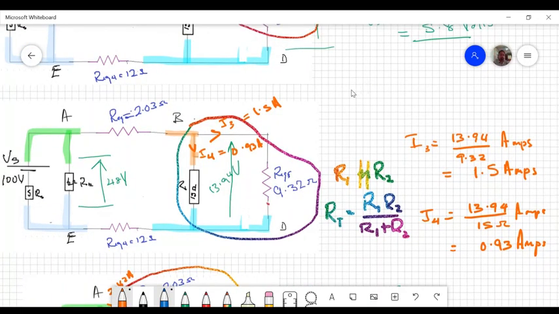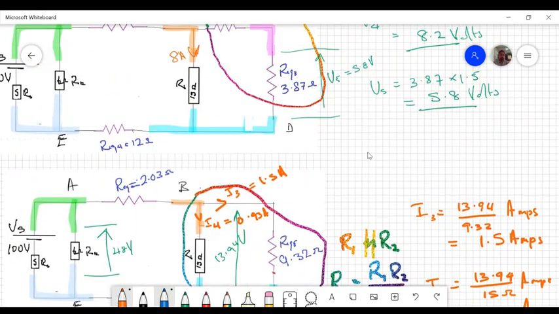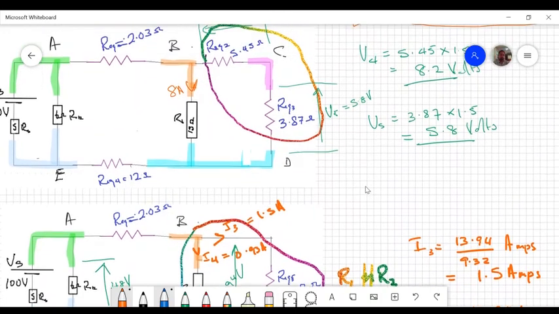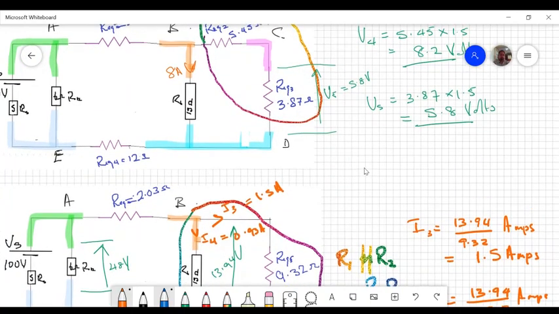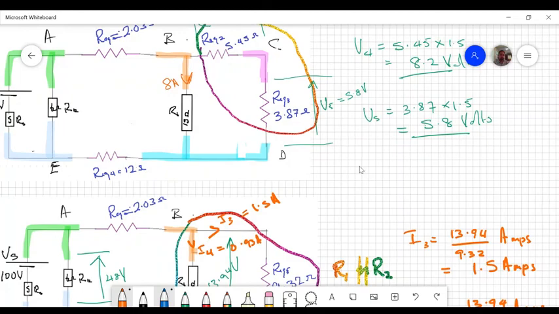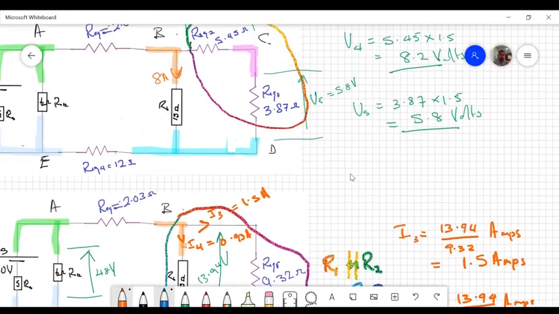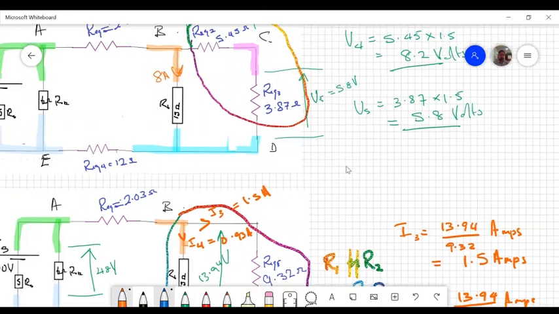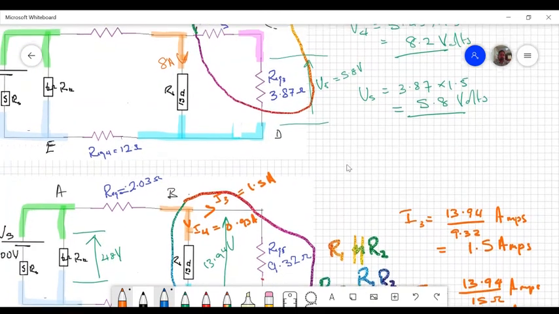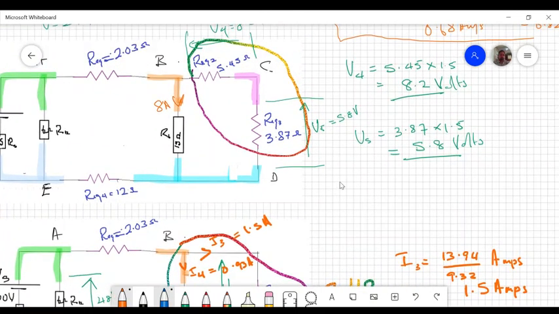Sorry, I mixed you up there. 9.73 is a combination of 5.4 and 3.87. So once I find the voltage across the 9.32, and that's also the voltage across the 50, I was able to find the current.